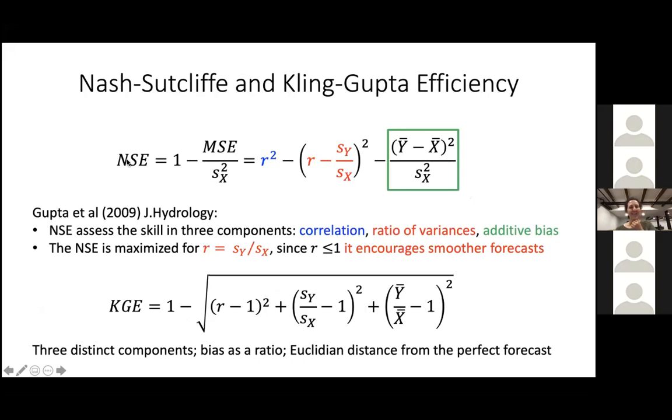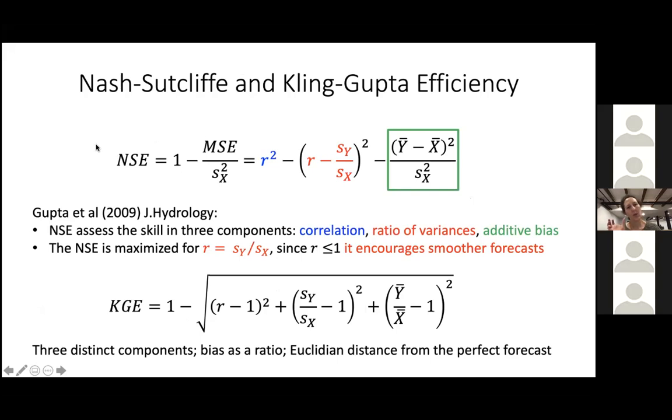The Nash-Sutcliffe efficiency was actually challenged by Gupta in a very nice article in 2009. Essentially Gupta was concerned about a few aspects of the reduction of variance, or NSE.